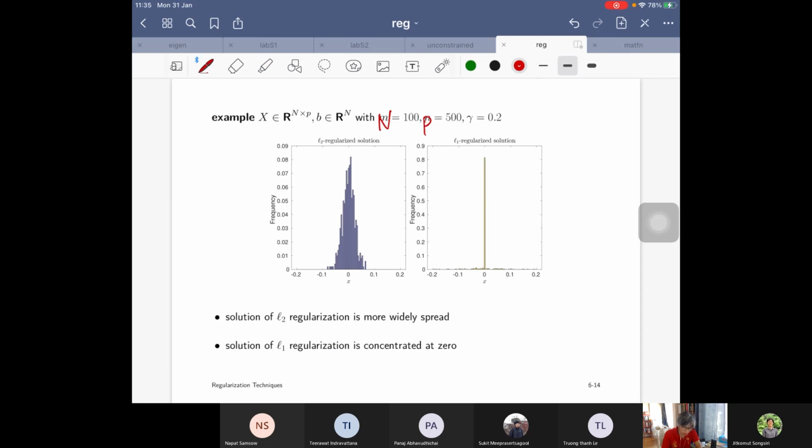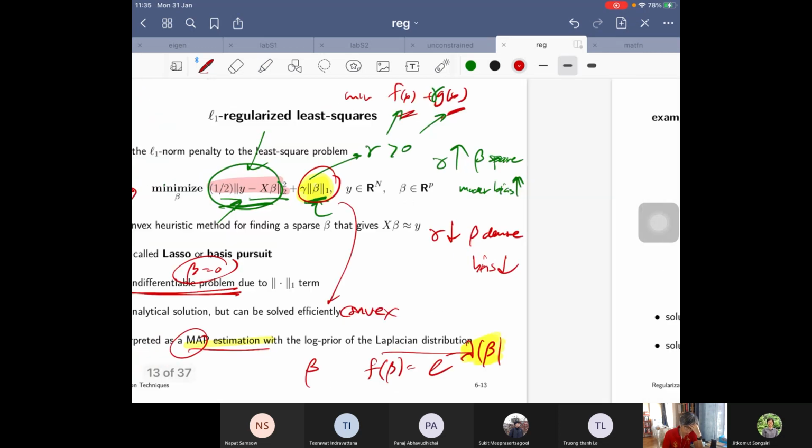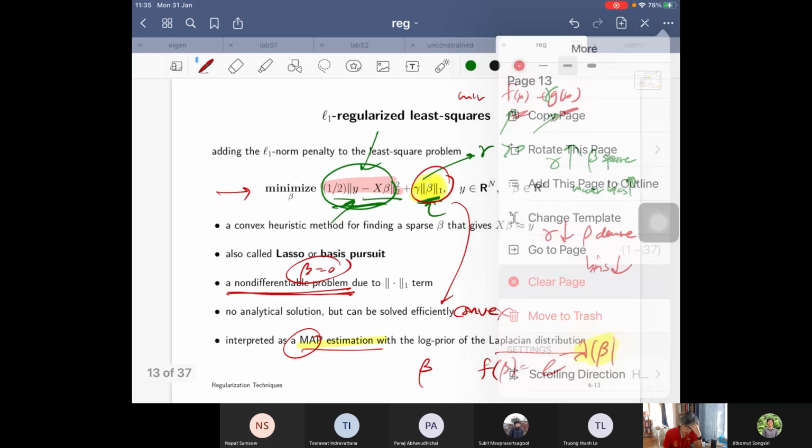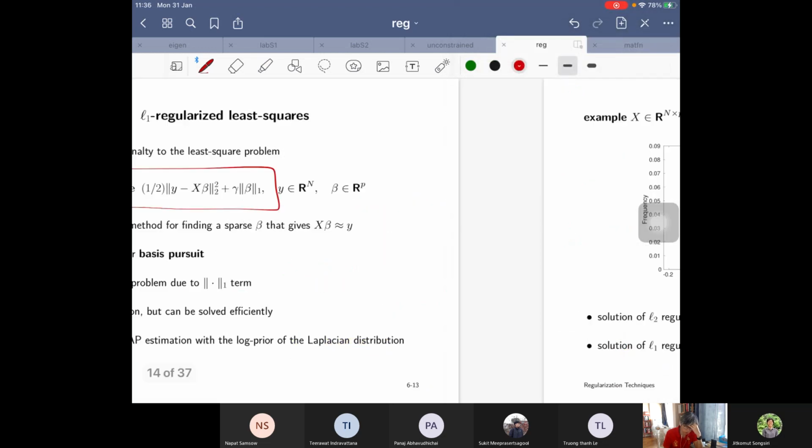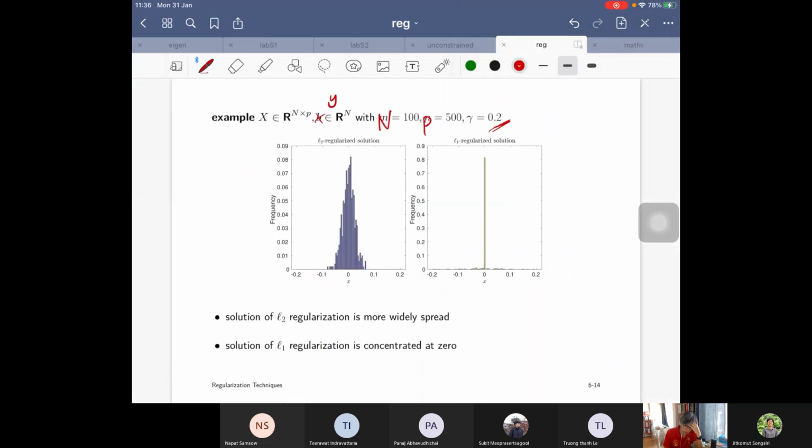I use gamma equal 0.2, then I get beta. Let's see, because I thought I already fixed it.